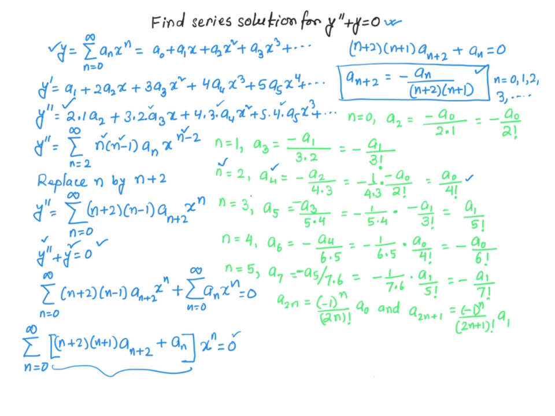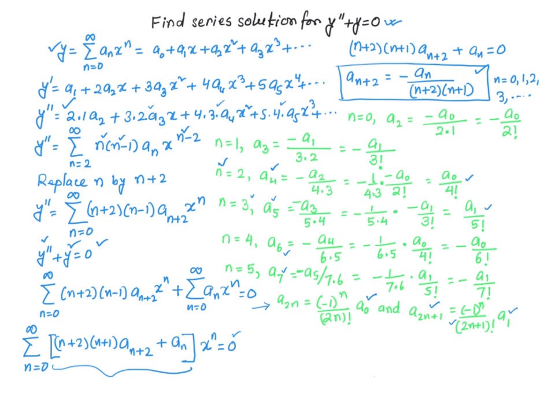Then for n is equal to 3, I get a sub 5, and it turns out to be negative a1 over 5 factorial, and a6, a7, etc. If you look at this pattern, you notice that a sub 2n is negative 1 to the power n divided by 2n factorial times a sub 0, and a sub 2n plus 1 is negative 1 to the power n over 2n plus 1 factorial times a sub 1.